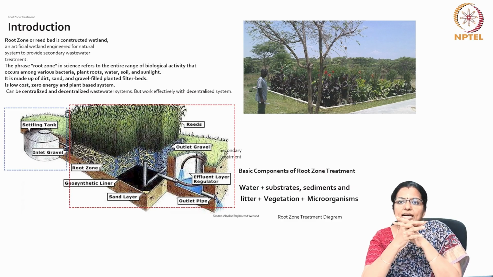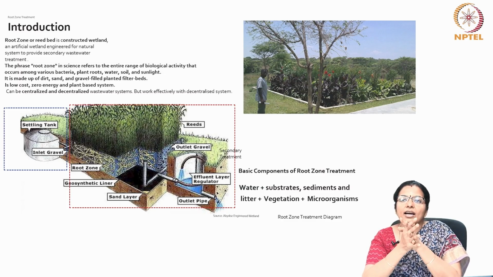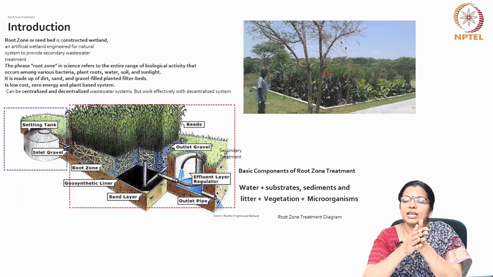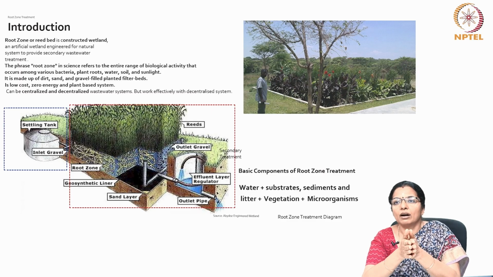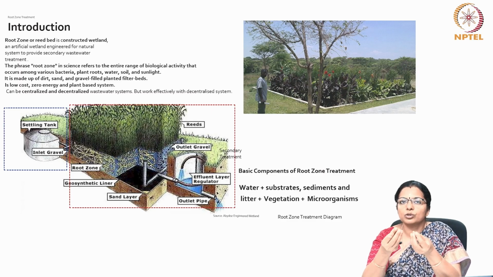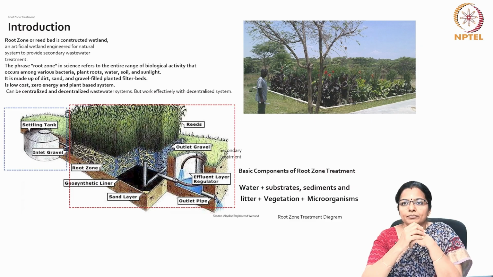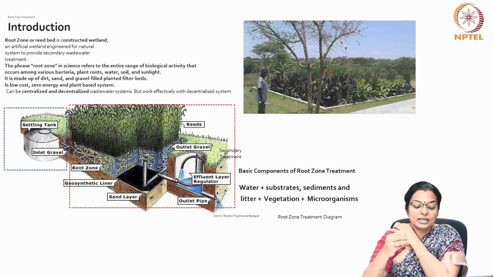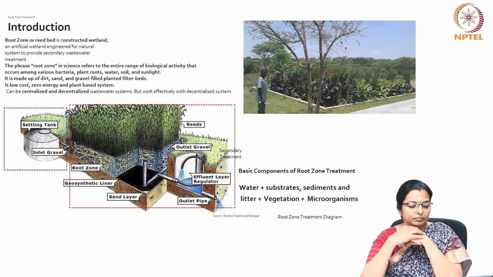Root zone in science refers to the entire range of biological activity that occurs amongst various bacteria, plant roots, water, soil, and sunlight. It is made up of dirt, sand, and gravel filled planted filter beds.